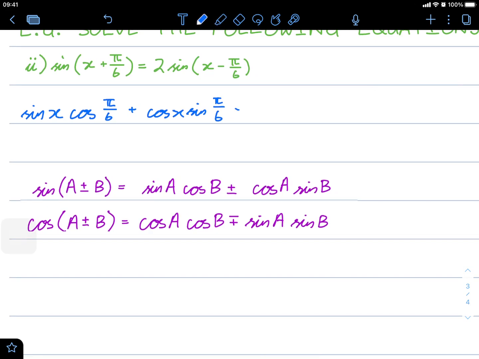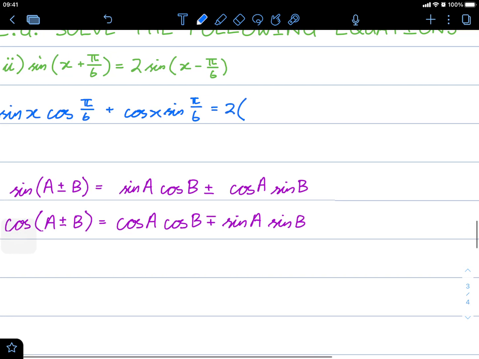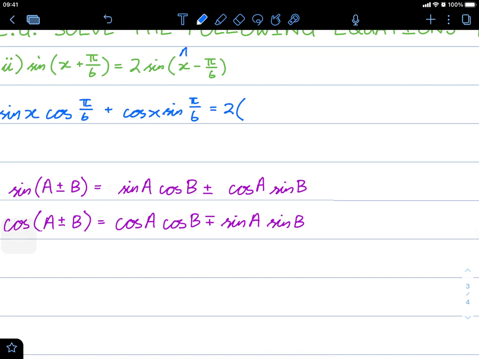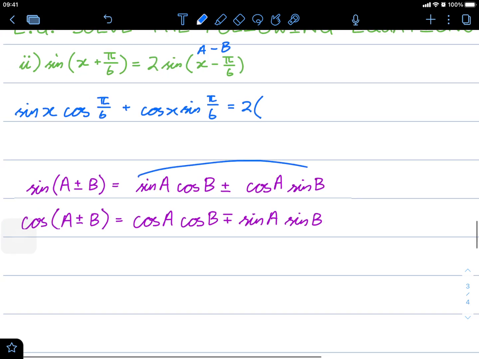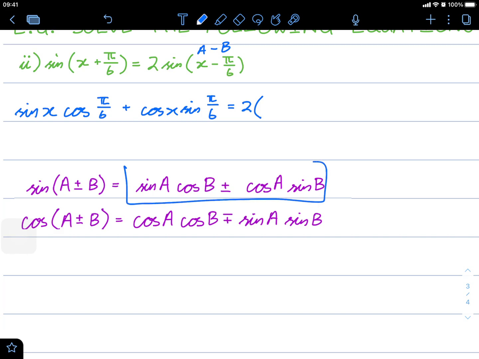Using the next one, it's going to be 2 outside of sine, also it's going to be a minus b of sine. Well, we're going to be using this once more. So it's going to be sine of a, in this case is x, times cos of b.